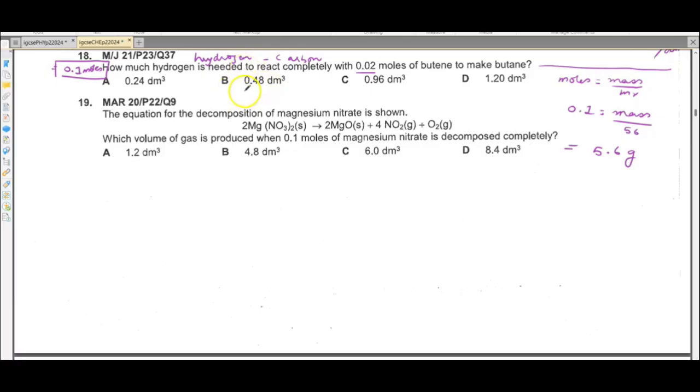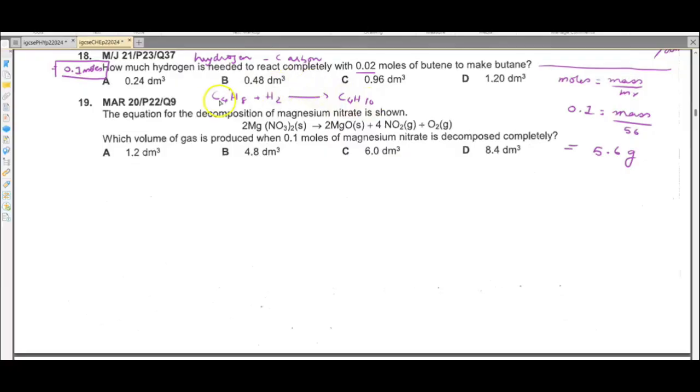I am going to write the chemical equation for you as well, since I know what butane is and what butene is. So there are 0.02 moles of butene and we have to make butane. So butene is an alkene, and we need to convert it into an alkane. Okay? So butene is C4H8 and it's reacted with H2, okay, to produce C4H10.